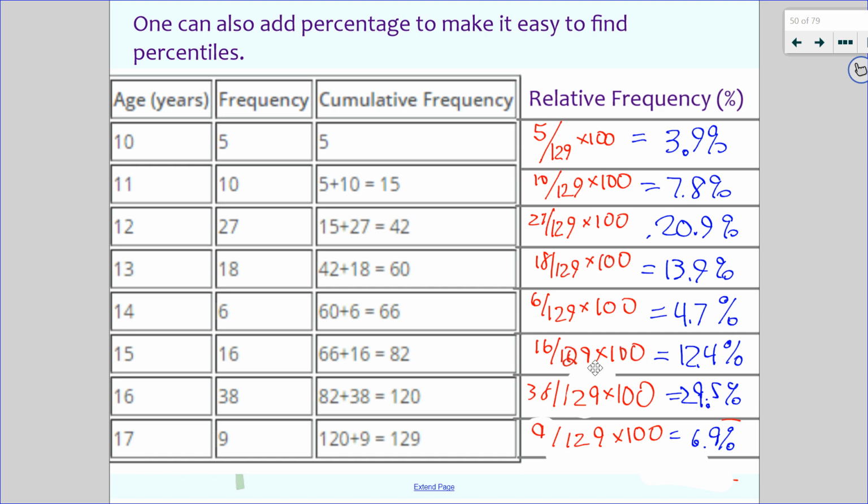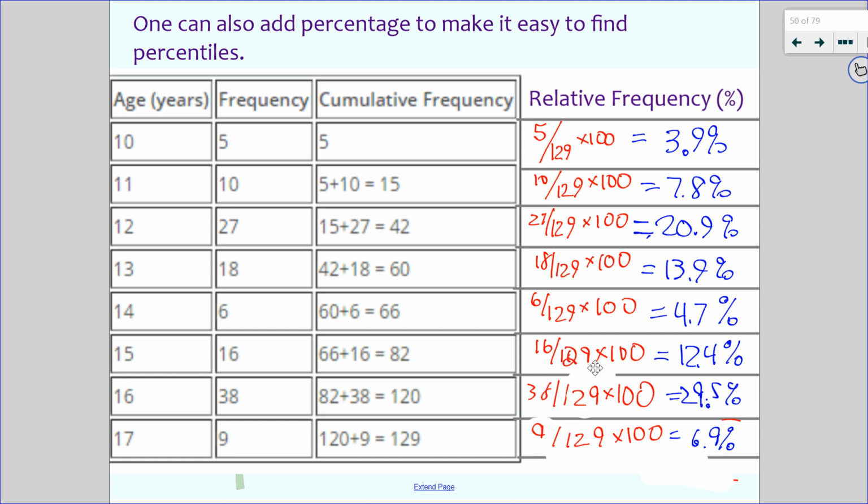Well, I got 3.2. Because all these have been rounded, it will be unlikely to have 100% exactly. So you should be in the neighborhood. You got exactly. Okay. Good job. Right. So that's a relative frequency. So you can also have your y-axis be a relative frequency graph. Any questions?